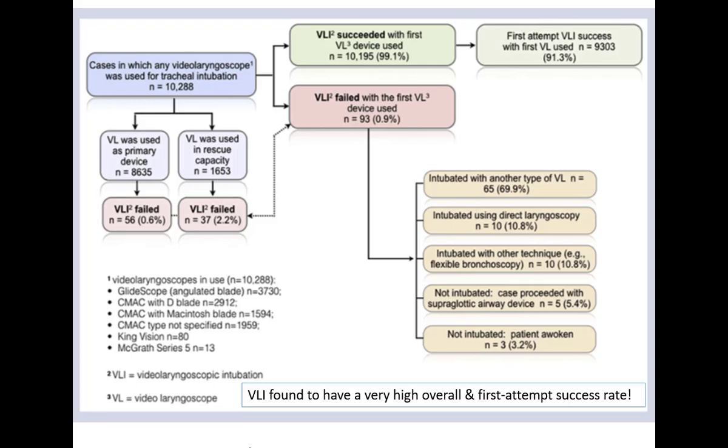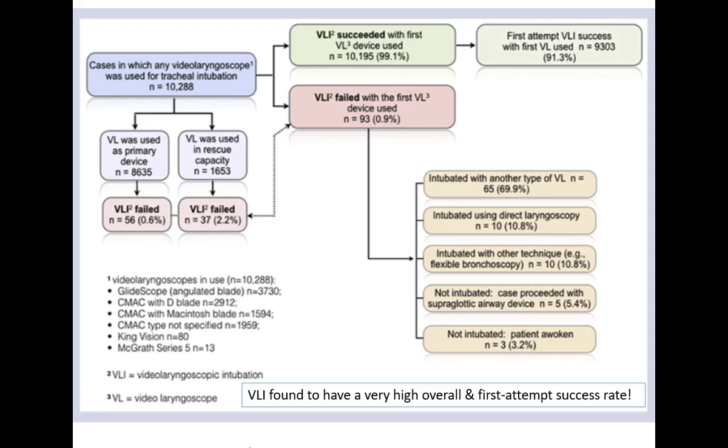So what I am trying to suggest is that you should use video laryngoscope in your ICU. In this study, when the video laryngoscopy failed in the first attempt, they used a different kind of video laryngoscope in the same patients, and they were able to rescue about 60-70% of the 93 patients where they failed to intubate.